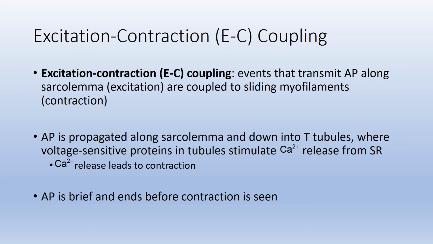Remember the T-tubules? Once that action potential dives down into those T-tubules, it communicates with the terminal cisterns of the sarcoplasmic reticulum. The action potential is going to stimulate the release of calcium from the sarcoplasmic reticulum. That calcium will be extremely important.